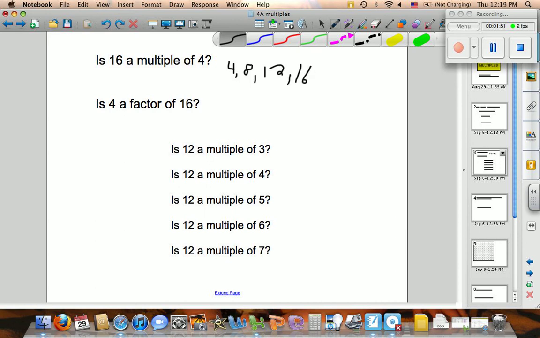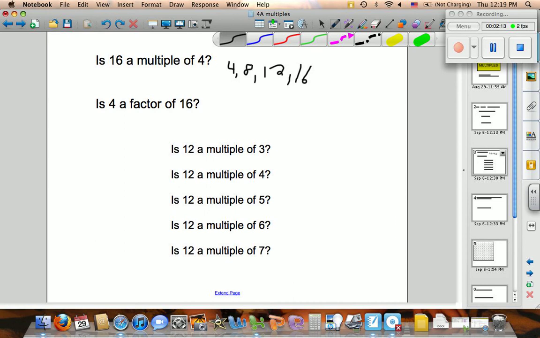So right there we can see, yes, 16 is a multiple of 4, because when we count by 4s, we do land on 16. You can also think to yourself, well, does 4 times another whole number equal 16? And the answer, of course, is yes. 4 times 4 equals 16. So 16 is a multiple of 4.